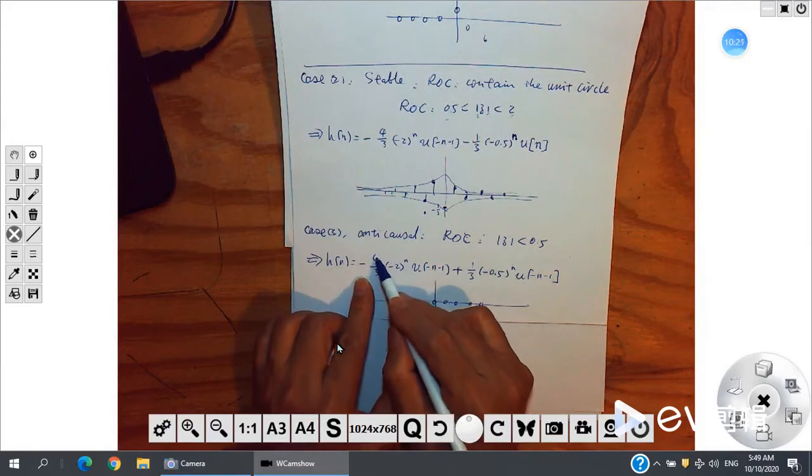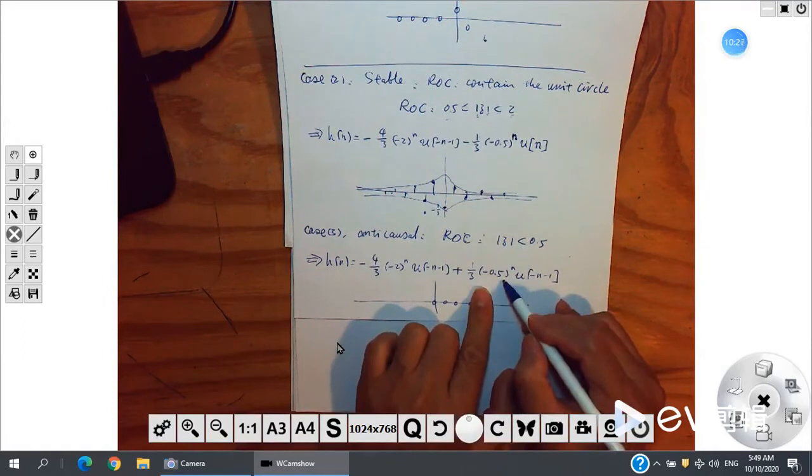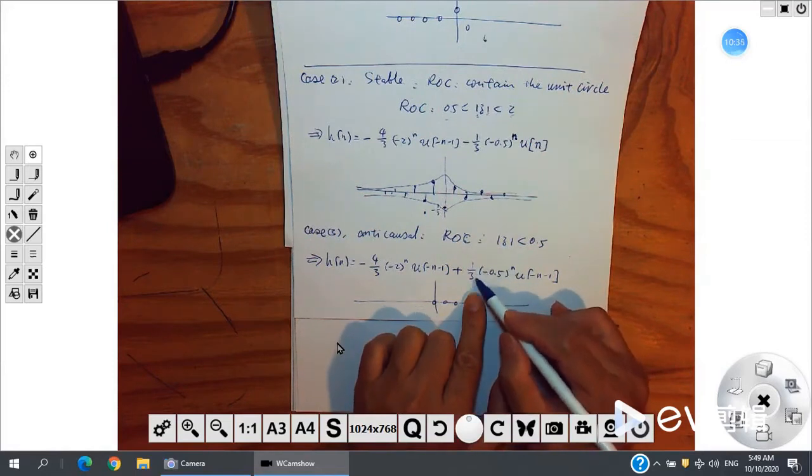So 2/3, and 2 minus is a plus 2/3. And this is when n is -1. This is another 2/3, -2/3, which is 0. It's still 0.